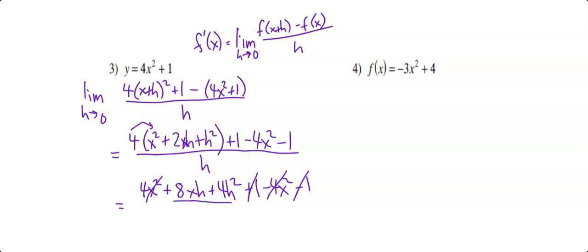And so I'm left with 8xh plus 4h squared over h. I divide h into the top and bottom. I end up with 8x plus 4h. And now as h goes to 0, that goes away, so my answer is just 8x.